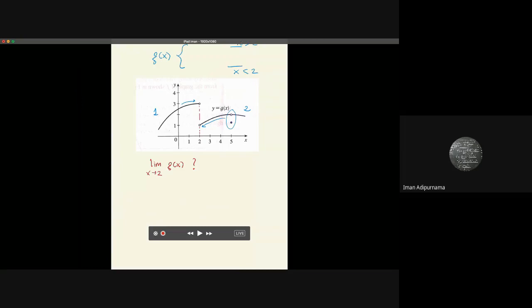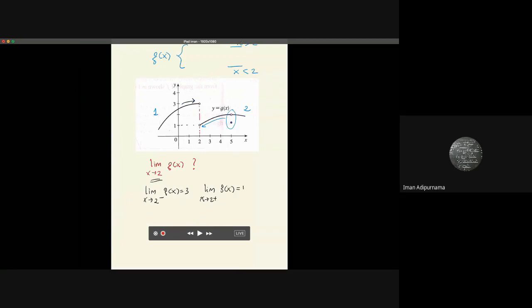when we approach x equals 2, if we approach from the left, from here, it goes to 3, and if we approach from the right, it goes to 1.